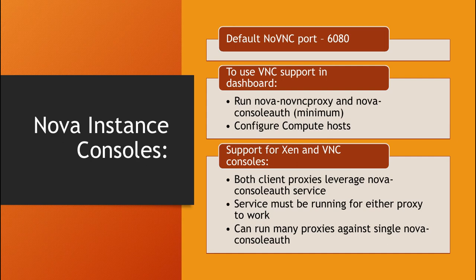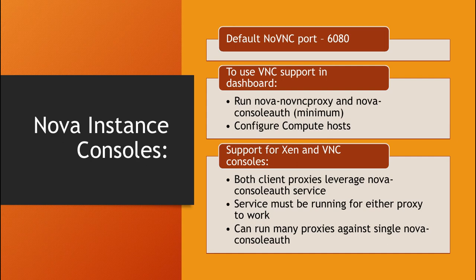And also it supports both XVP and noVNC consoles. So both types of console it supports. Both these client proxies leverage the Nova console auth service for authenticating to the instances, and the service must be running for either proxy to work.